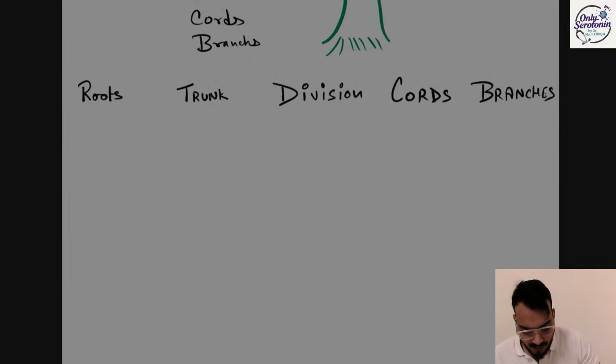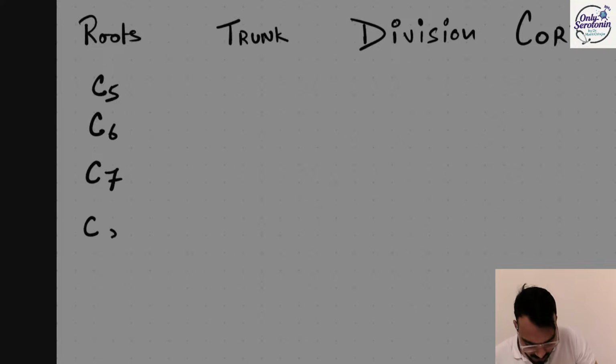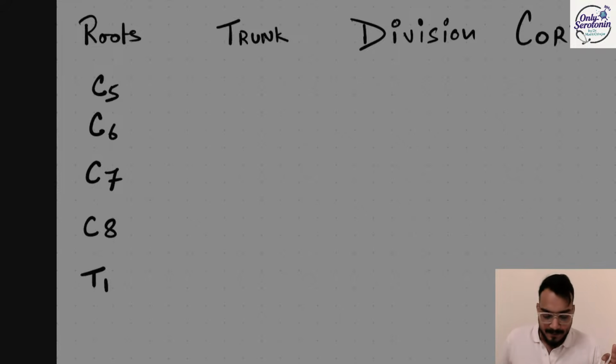Okay, we already know the roots. Roots are what, guys? This is C5, C6, C7, C8 and T1. These are my roots. Now let's start a story.